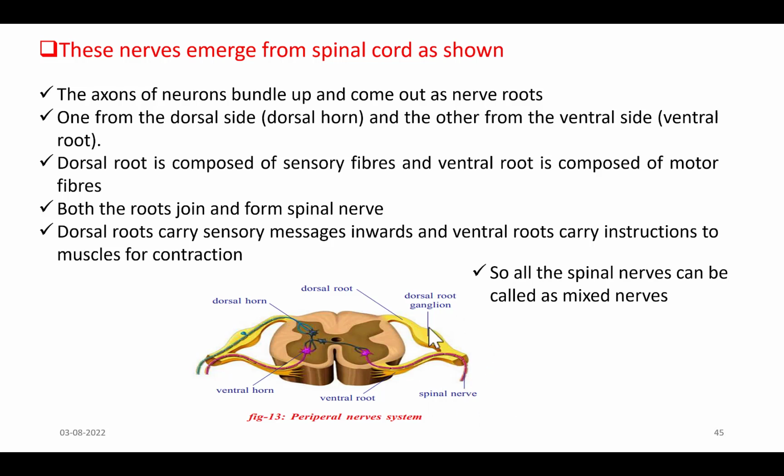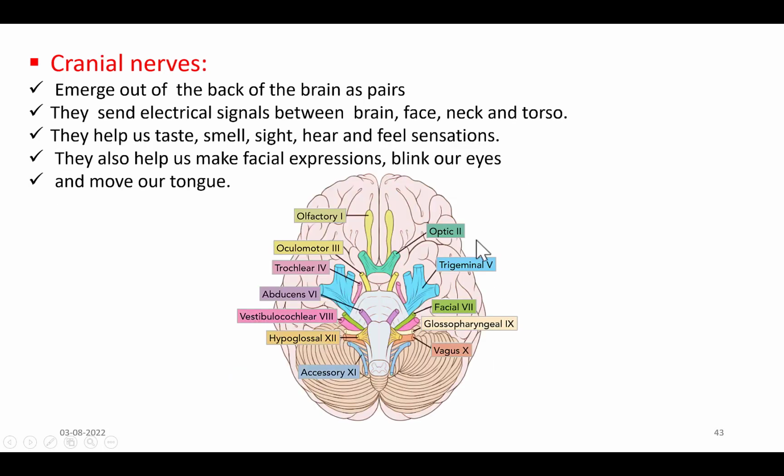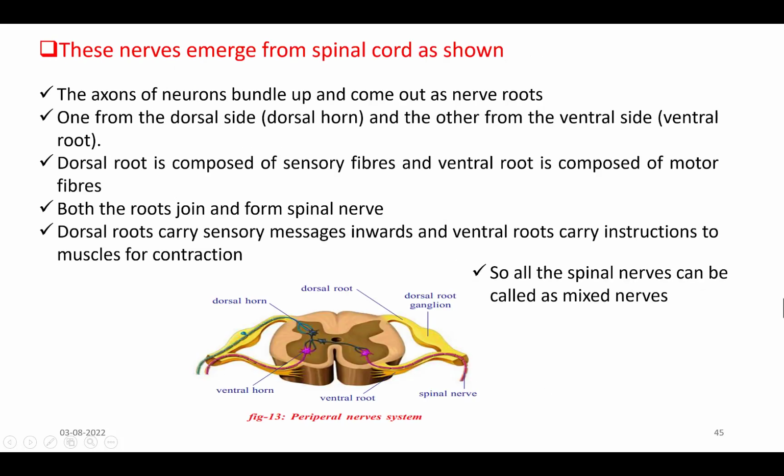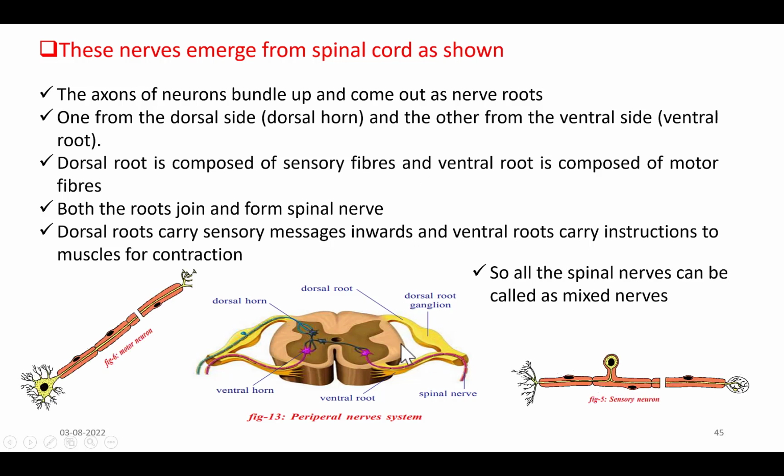So, they are called mixed nerves. Whereas some of the cranial nerves are exclusively sensory, some of them are exclusively motor, and some are mixed nerves. Whereas all spinal nerves are mixed nerves. Did you understand?